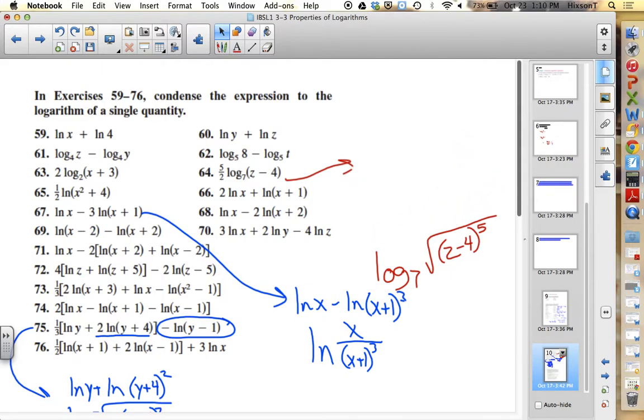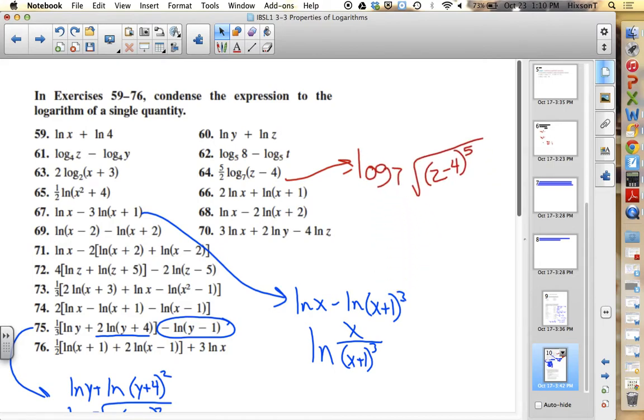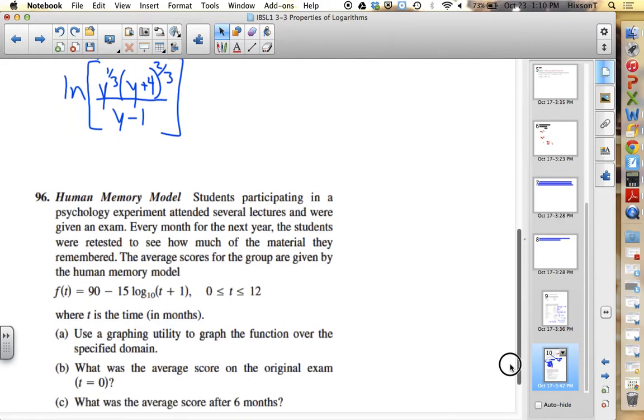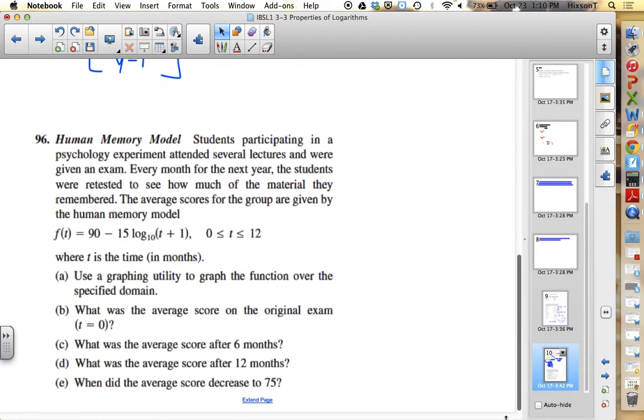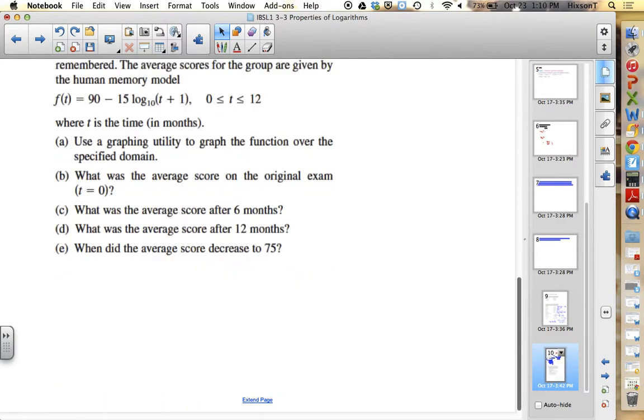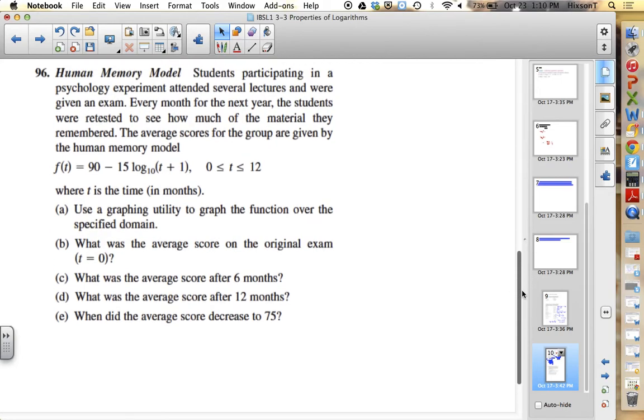What about number 96? 96, okay. The human memory model, alright? This is kind of an interesting problem.